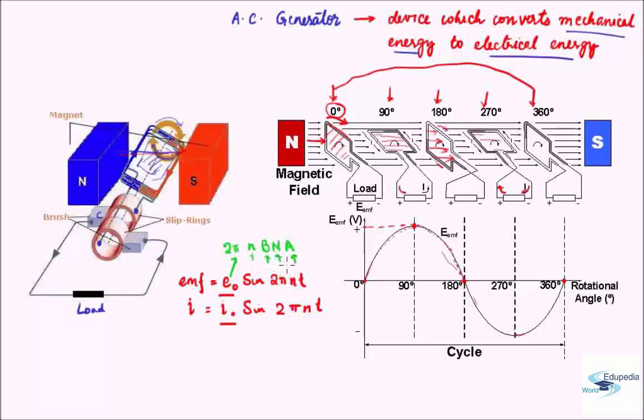So seeing this, what we can say is that we can increase the EMF either by increasing the number of revolutions per second, or by increasing the magnetic field, increasing the number of turns in the coil, or by increasing the area of cross section of the coil. Fine.